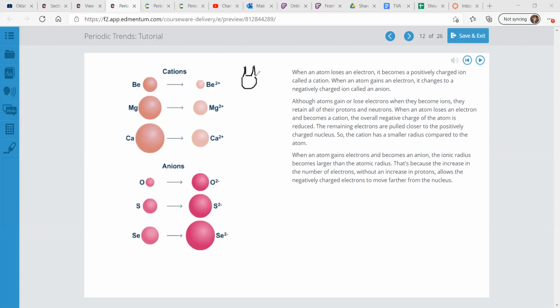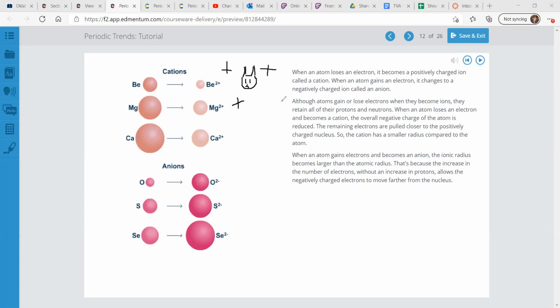This is really hard, actually. But think of cats as positive. Yeah, positive cats.